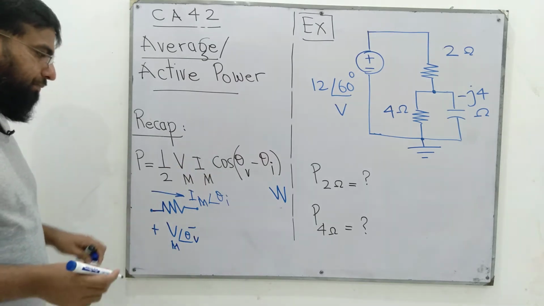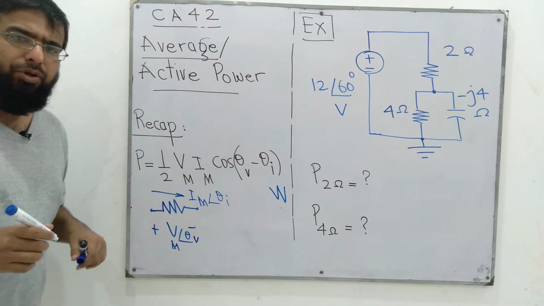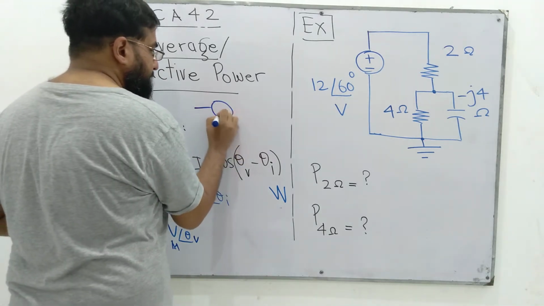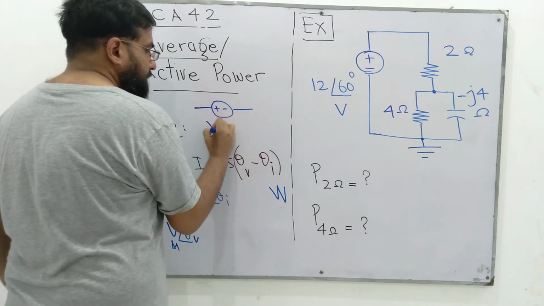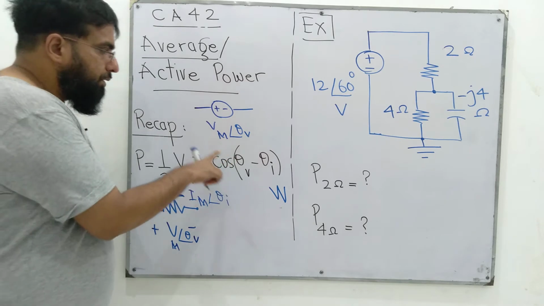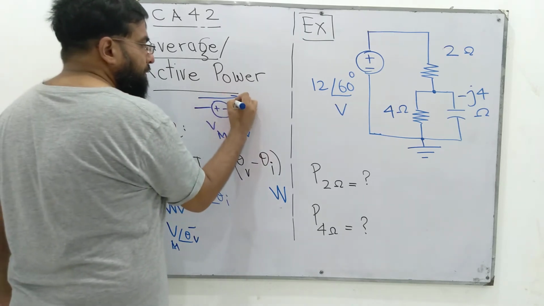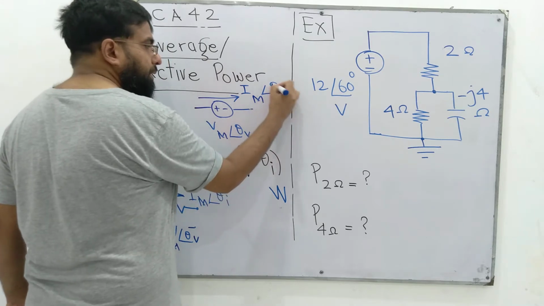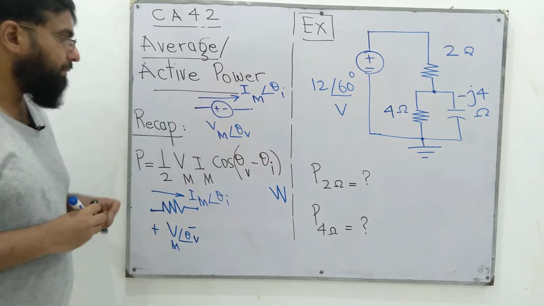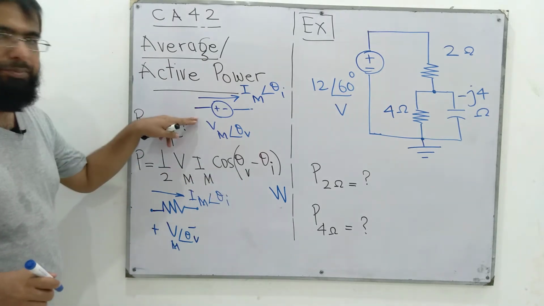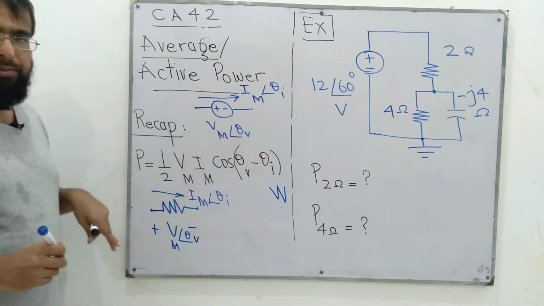If you want to find out the power absorbed or produced in a source, maybe in this source, then the voltage is always given. We have to find the current through it and the angle of the current, and then we can plug these values in this expression to find the power absorbed or produced by this source.